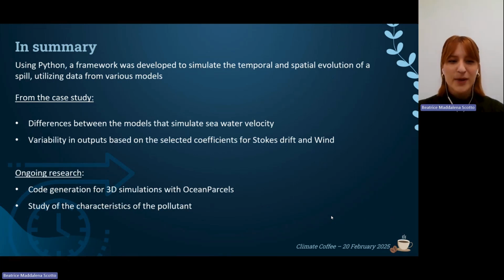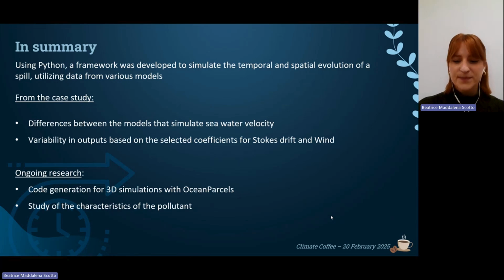So what we have seen, in summary, on my research: we have created a framework with Python, which is able to simulate the dispersion of oil spills using data from various models. We have seen from the case study that we have quite a difference between the models that simulate the seawater velocity.